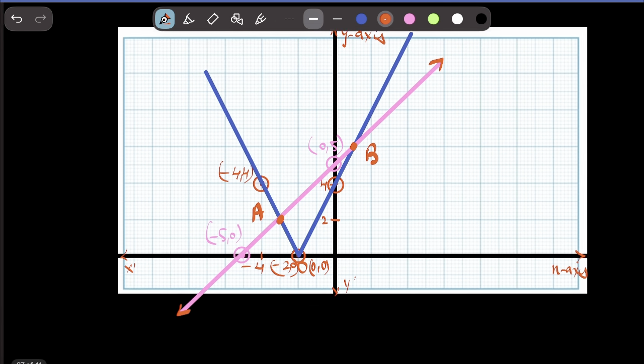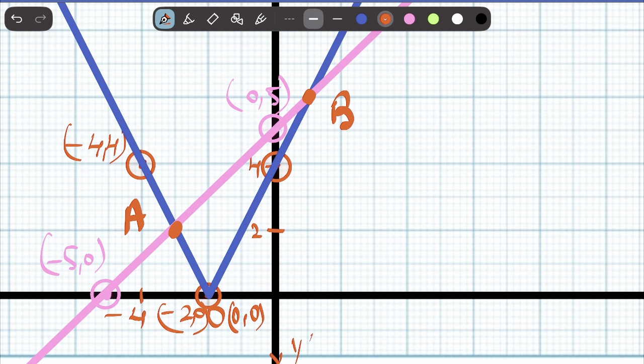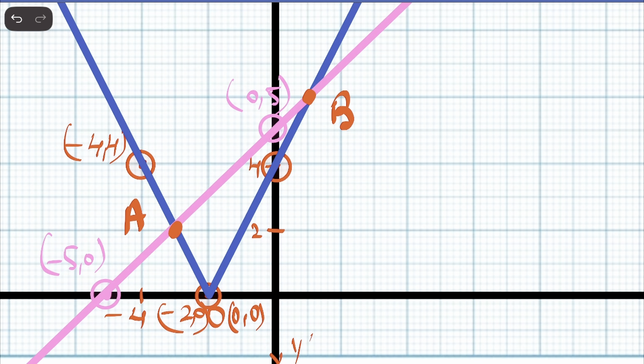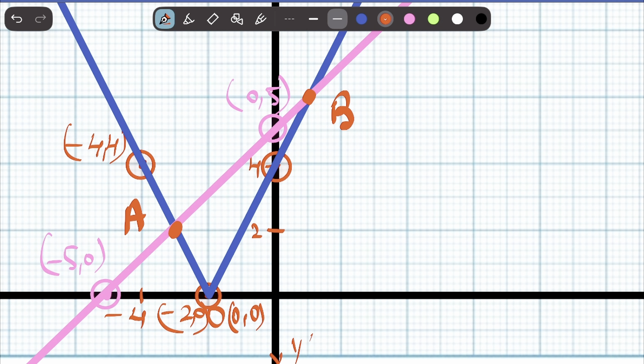So if we zoom in and try to understand, then we can easily figure out that the values of these points is -3 and the value of this particular point is 1. Okay, so -3 and +1 are the possible solutions.